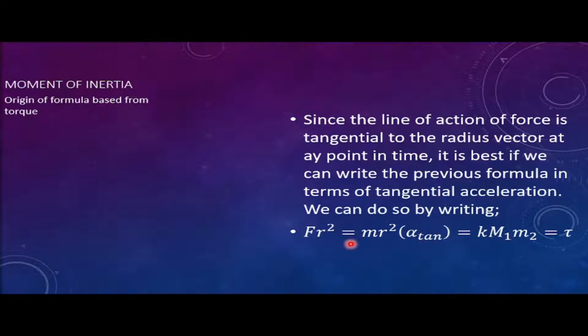And this formula will be equivalent to the torque of the system. And if we are just on the surface of the earth, then this factor will cancel out. Because there is a certain limit wherein this will be in effect.